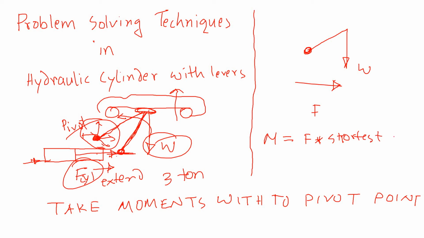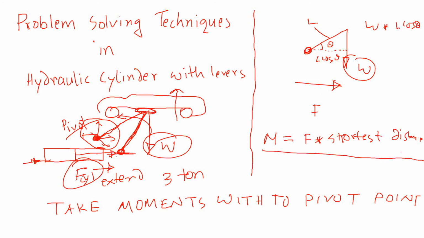So just calculate the shortest distance. In this case, this is my shortest distance. If this is at an angle theta, and we know this is a solid piece, we know this distance, let's say this is L, so we can say L cosine theta. So the moment for the W would be W times L cosine theta. That's one way, by the definition of the moment.